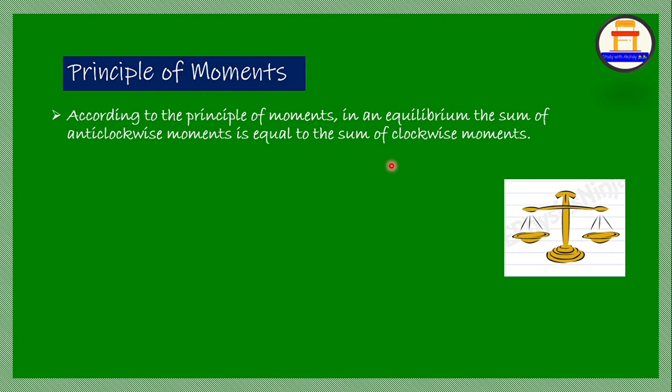So according to the principle of moments, you are supposed to write: in an equilibrium, the sum of anti-clockwise moments is equal to the sum of clockwise moments. This complete statement is important. The complete statement is a keyword.